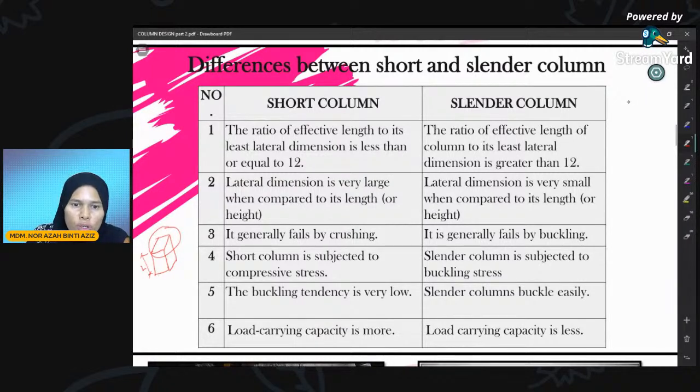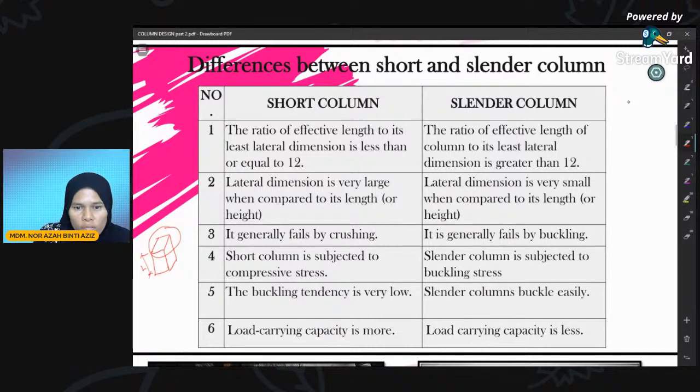For a short column, the failure mode is crash, pecah. While for slender it is buckling, melentur, bending. So a short column is subjected to compressive stress, while a slender column is subjected to buckling stress.